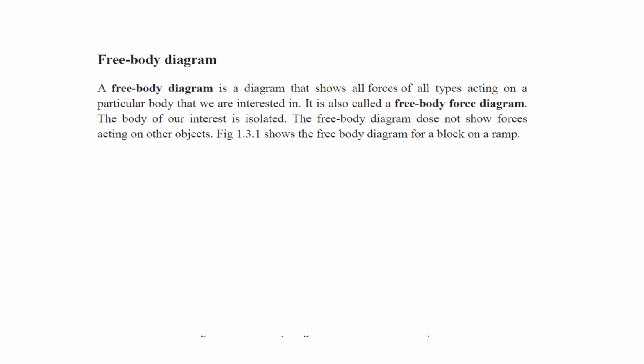If the object is there on the horizontal surface and it is stationary, at rest, so the object is not moving in this example, then the weight of the object will act downward and the normal contact force, the force from the surface, will act upward. This is the case when the object is stationary or at rest.